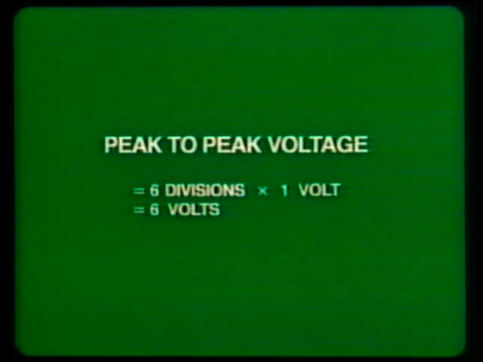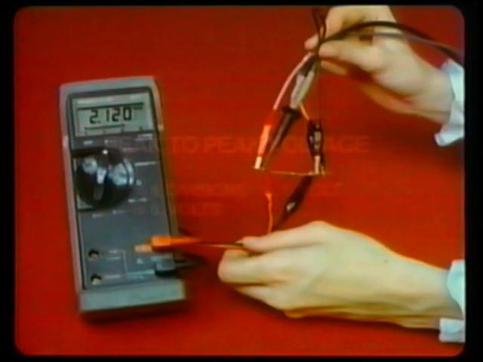Let's compare these measurements with those of a multimeter. Connect the multimeter across the same 1000 ohm resistor. Then set the multimeter to the VAC setting to show an AC voltage. The meter reads 2.120 or 2.12 volts.